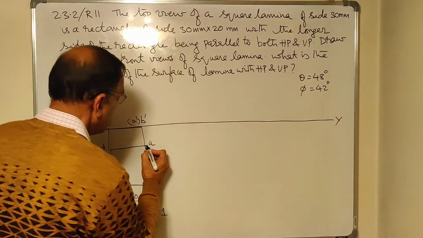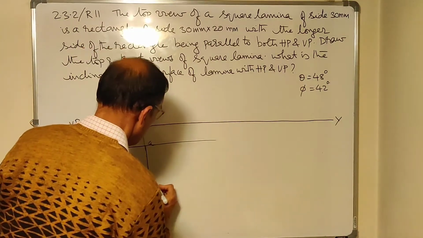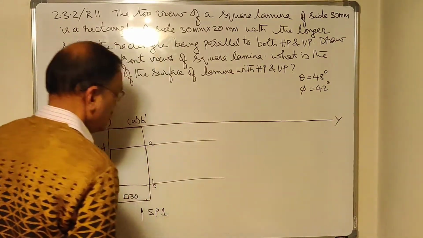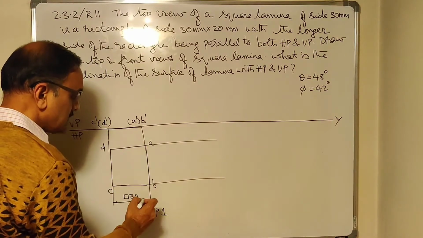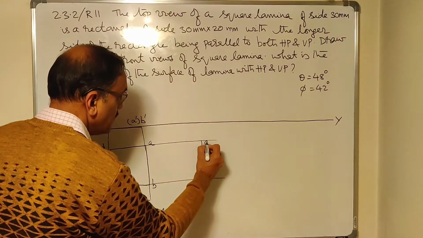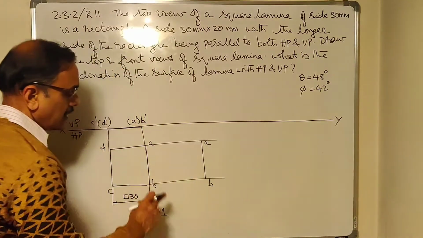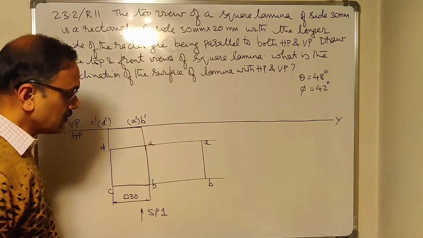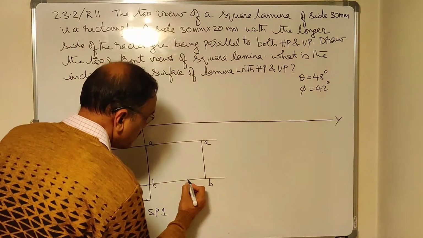So draw the locus lines. So this dimension will remain the same as it is, 30. This is AB. I have to make it a rectangle now. Okay. So this edge, you must take it as 20.